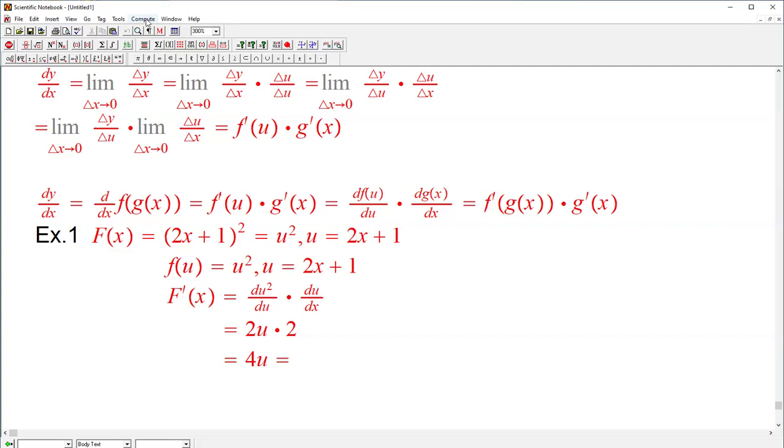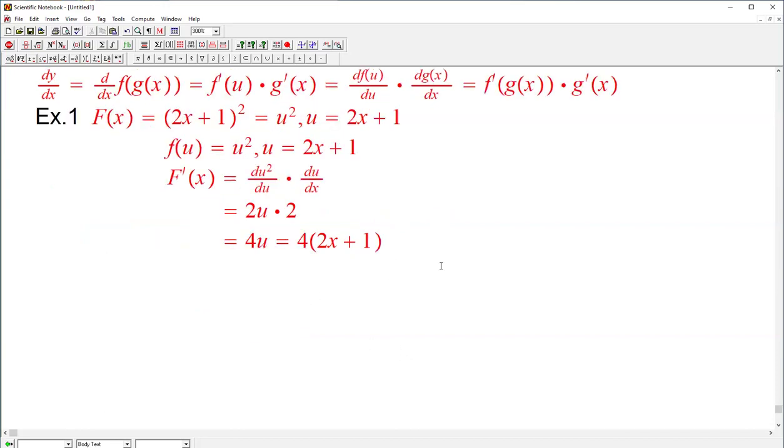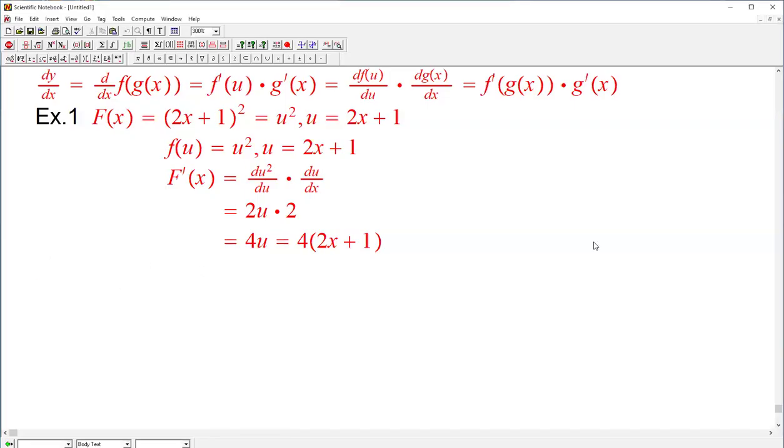But we want to express the final answer not using the intermediate variables. So we use 4 times u, where u is 2x plus 1. There. Okay, so let's look at another example, the second example.